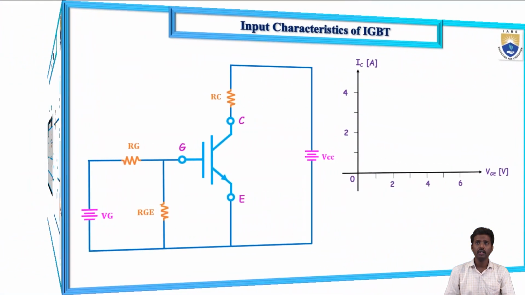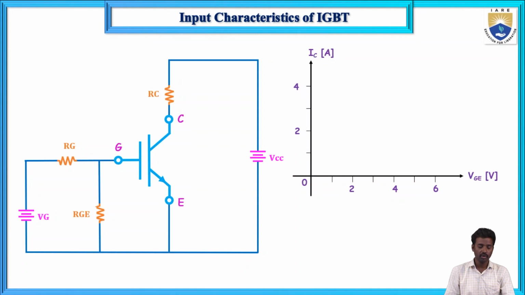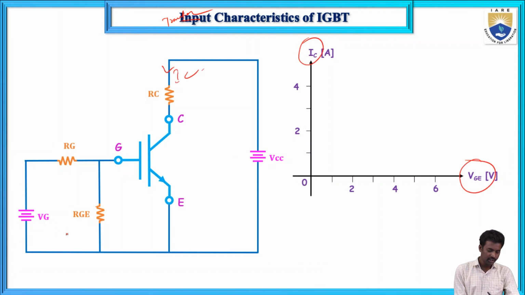Now the transfer characteristics of the IGBT. If you draw IC versus VG, the graph looks like this.